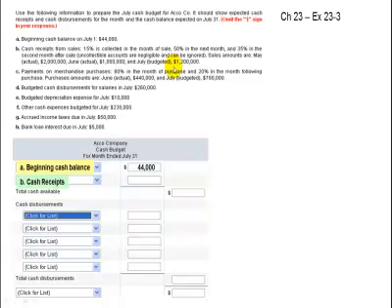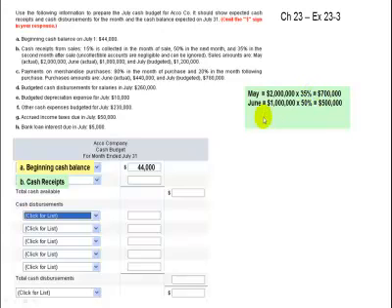So cash receipts in May, of this $2 million worth of May sales, we collect 15% in the month of sale, which would be May, 50% in the next month, which would be June, and 35% in the second month, which is July. So all we care about is what we are going to collect in July of May's sales, and that'll be 35% of them. So $700,000.